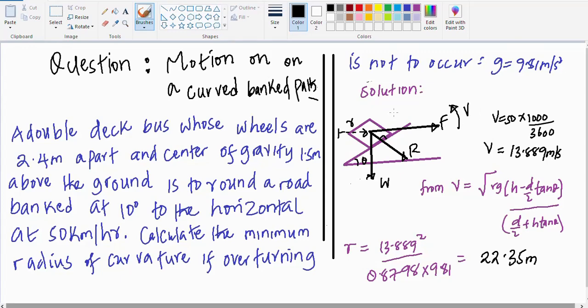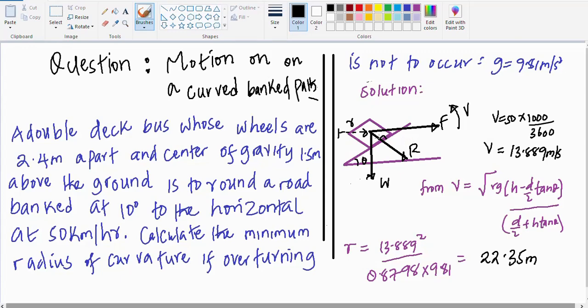As the bus negotiates this corner that has the radius of curvature R at a speed v equal to 50 kilometers per hour, it is acted upon by a number of forces. The major forces we consider here are the weight of the bus and the centrifugal force that tries to pull the bus out of the circular motion.